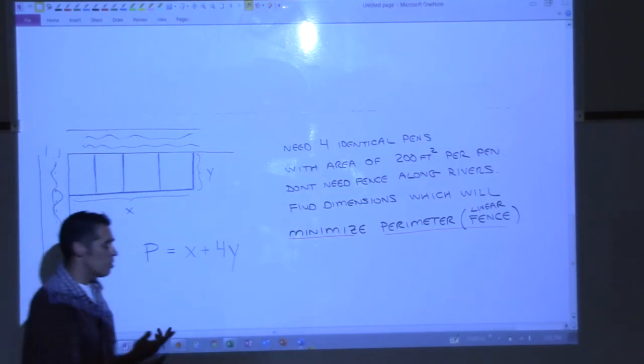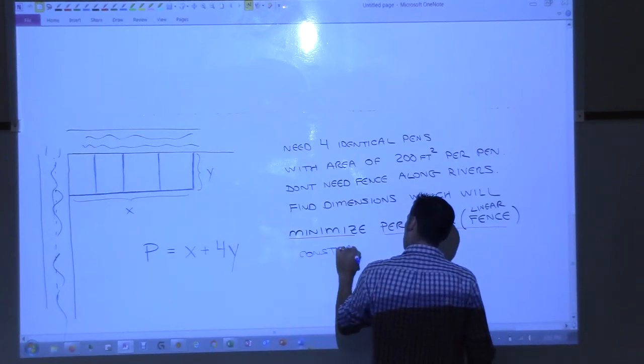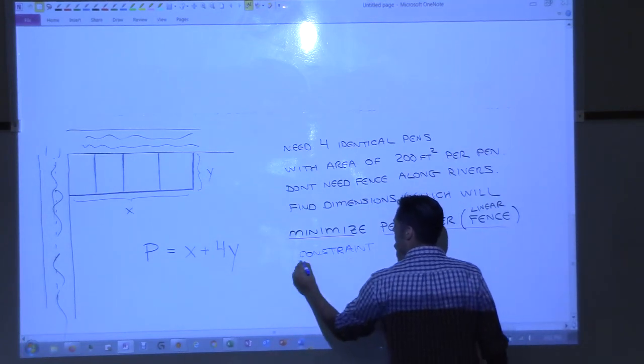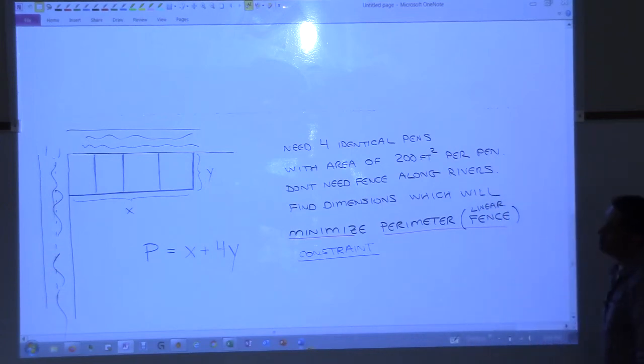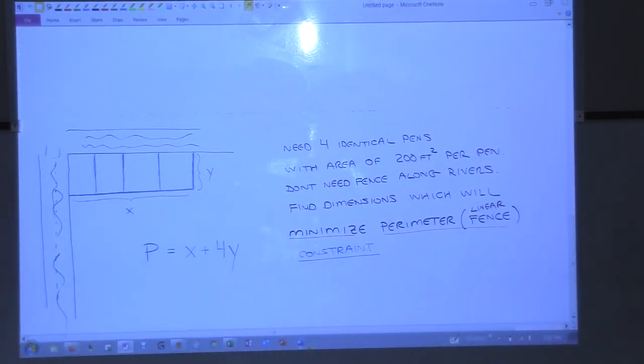Okay, so now the constraint. The constraint is that, this one's a little tricky. It's like I've forgotten about these sticks over here.